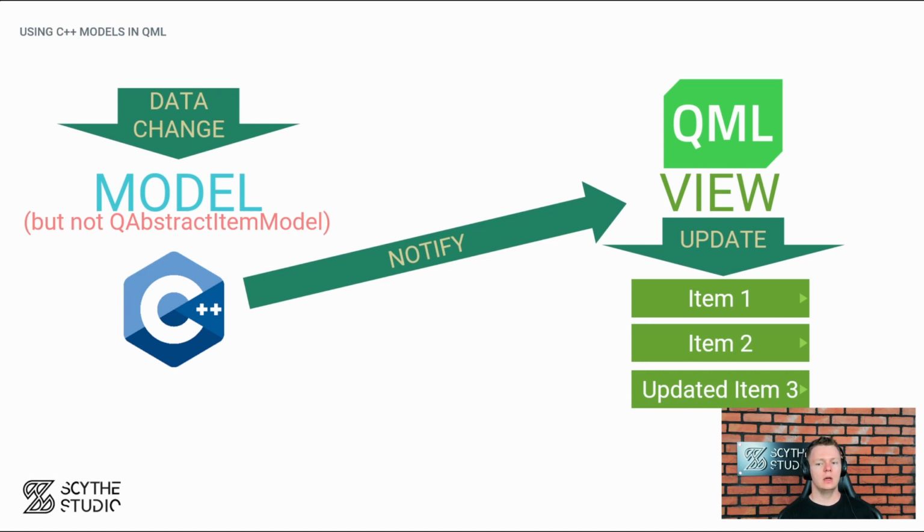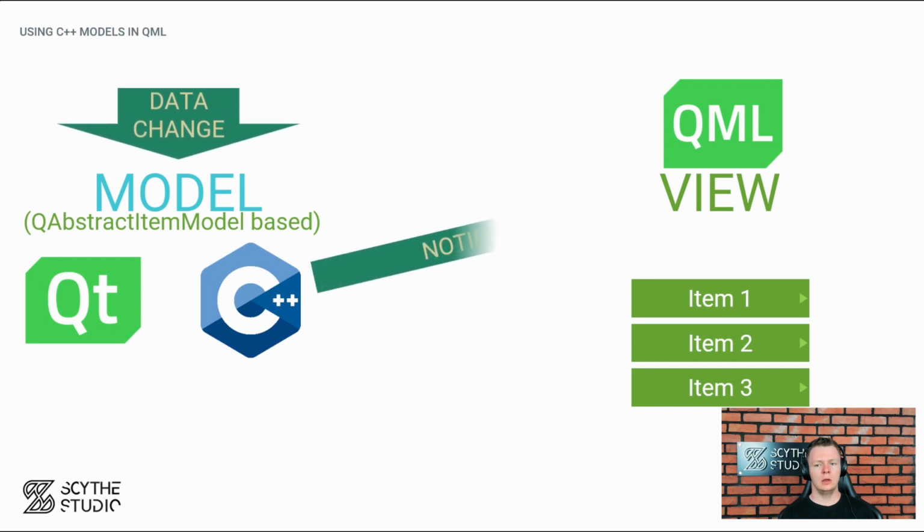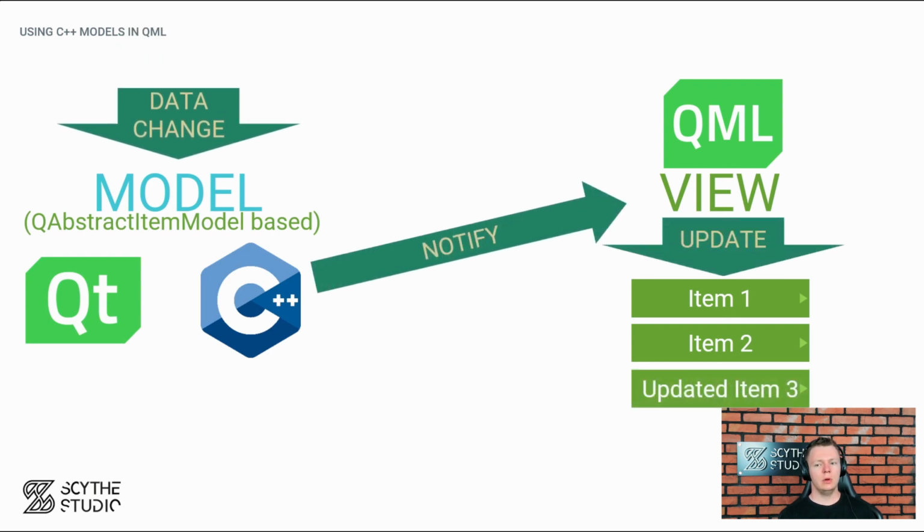Especially when you have a lot of items in the views that need to be re-rendered again. Yeah, and in case of QAbstractItemModel, only the records associated with affected data will be changed, keeping performance at the top level.